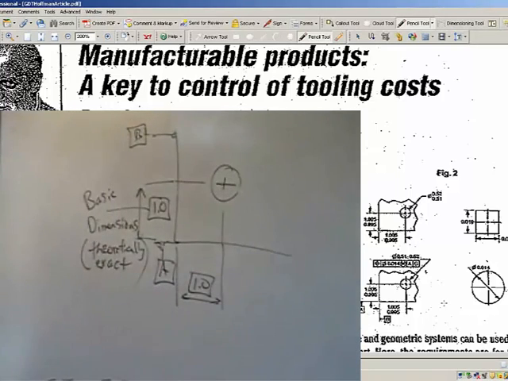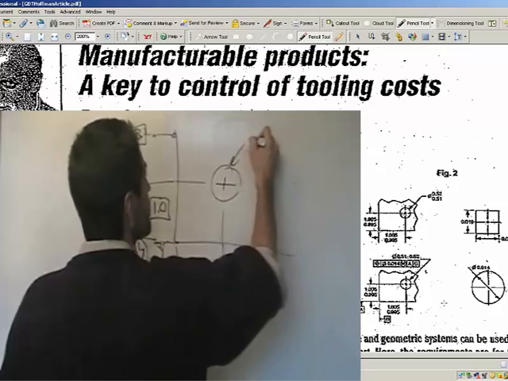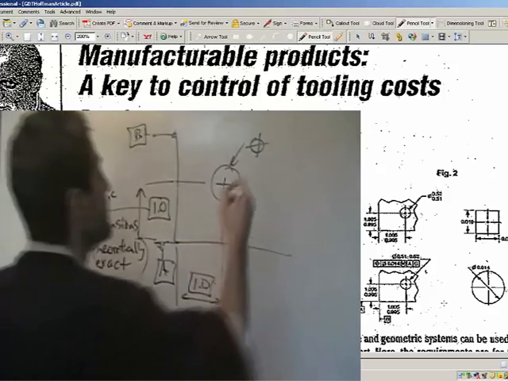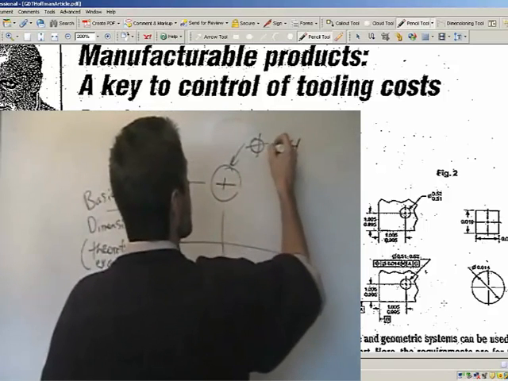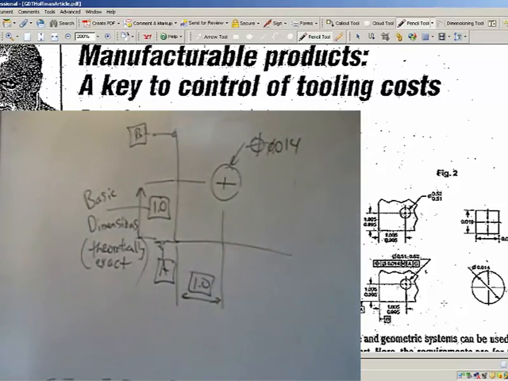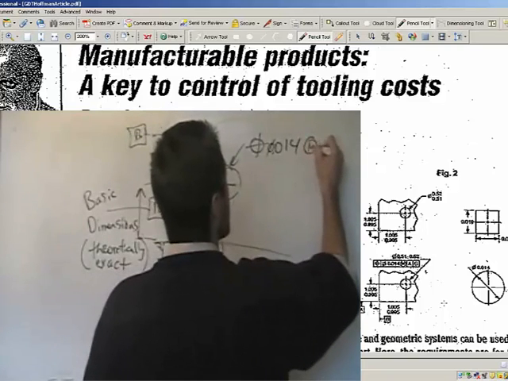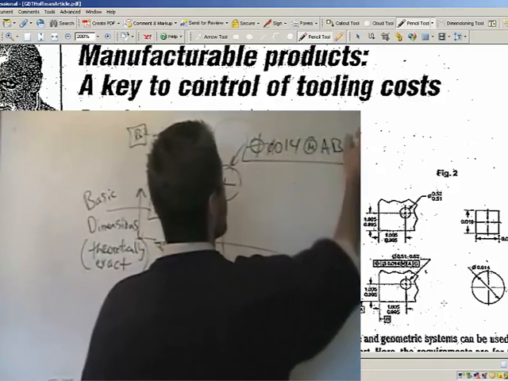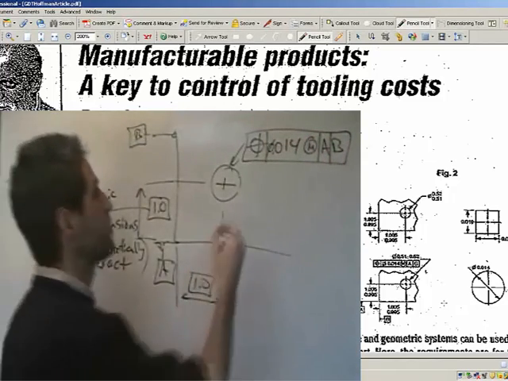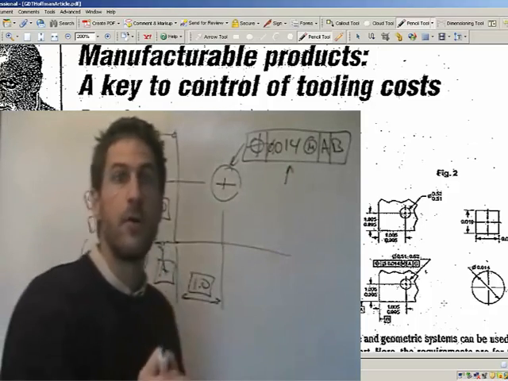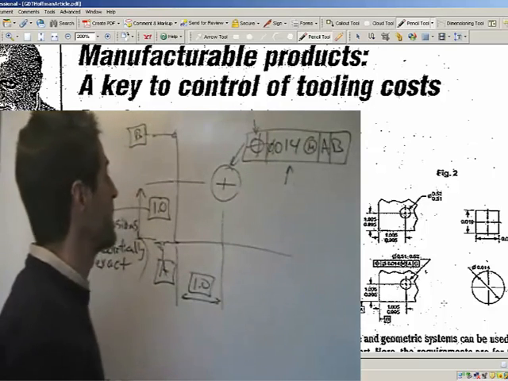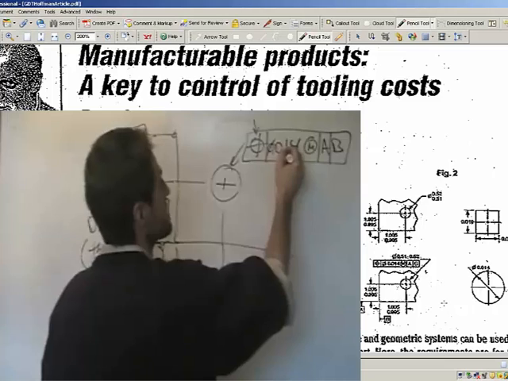So I add the feature control frame that you see in the drawing there, which says the position of that hole can be 0.014 from A and B. So that's what really governs how that hole is located. The position of it. That's a true position or a position tolerance right there. And it says that there's a zone.